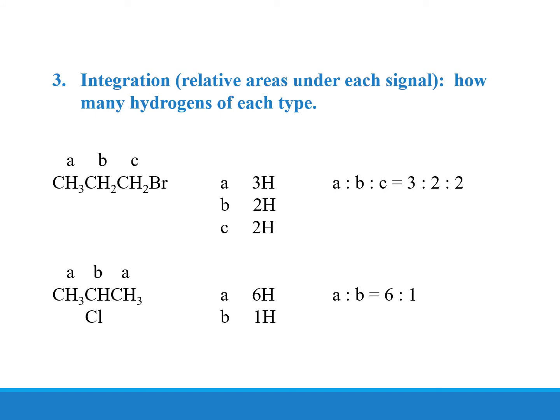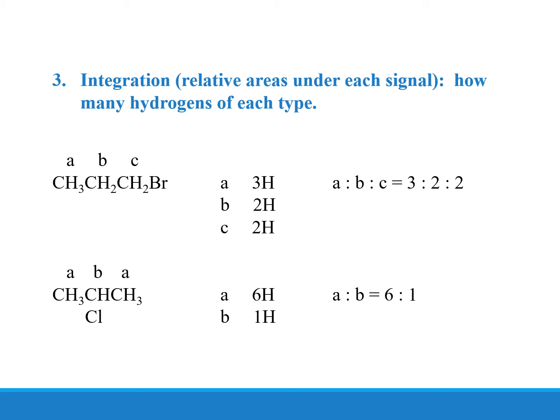Integration in NMR tells you the relative abundance, or the relative ratio, of each of the hydrogen types. If you look at propyl bromide, we have 3 different hydrogens in 3 different environments. In the C environment, you'll have 2 hydrogens.